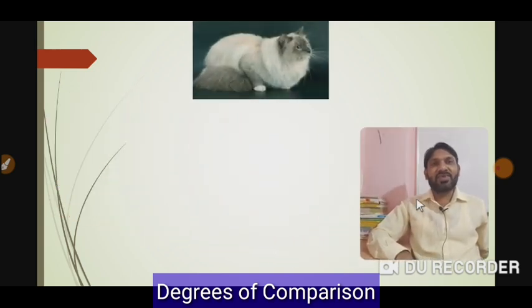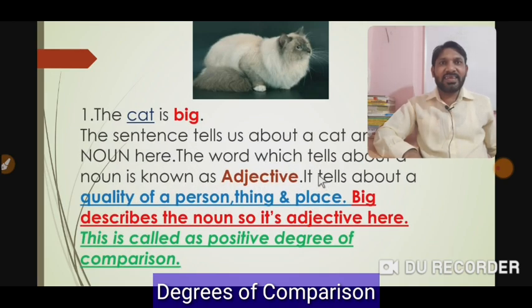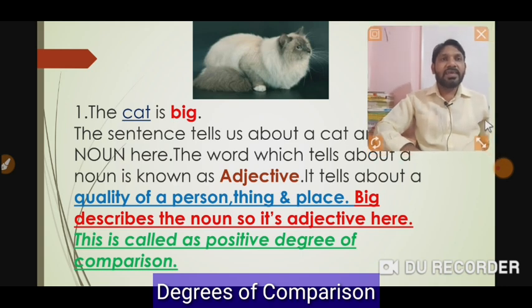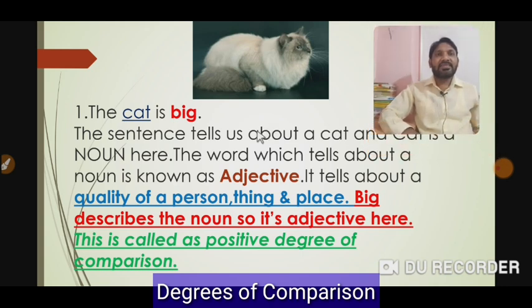Yes, the picture of a cat. And how is the cat? The cat is big. We use the adjective big. The word which describes the noun is called an adjective. See here, the sentence tells us about a cat, and the cat is a noun here.